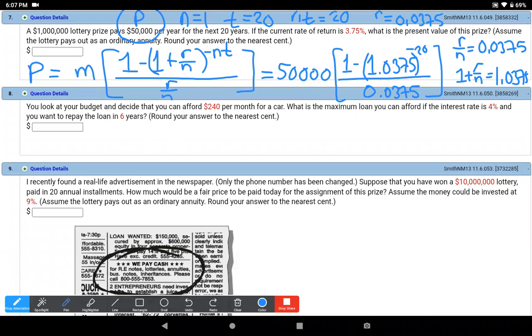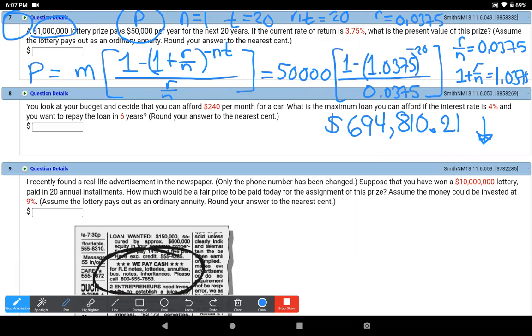This annuity is paying out for number 7 a value of $694,810.21. So this time it's lower than the prize.